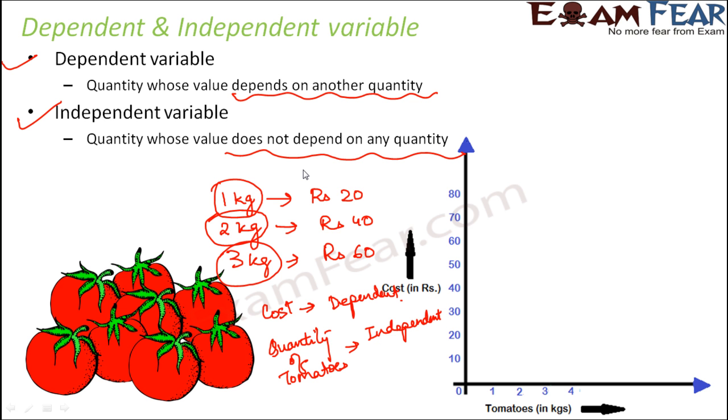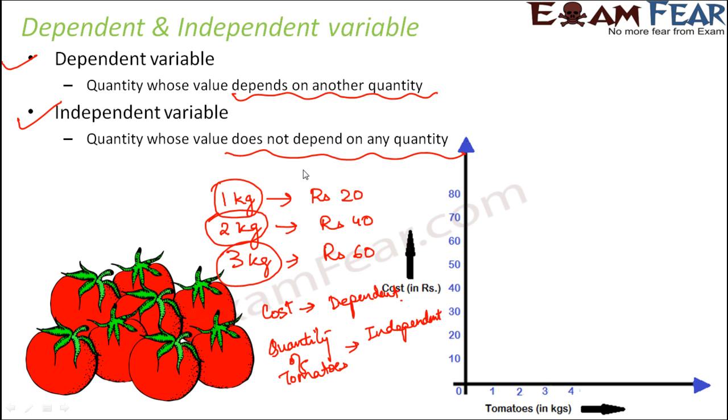Now there could be a corner case scenario, when you think, okay, I just have rupees 20 in my wallet, so in that case I can only buy 1 kg tomato. In that case, the amount of tomatoes is dependent on the money in your wallet. It is not dependent on the price of the tomato.